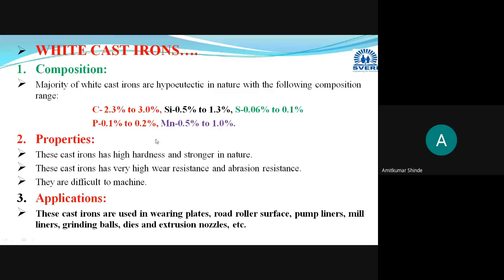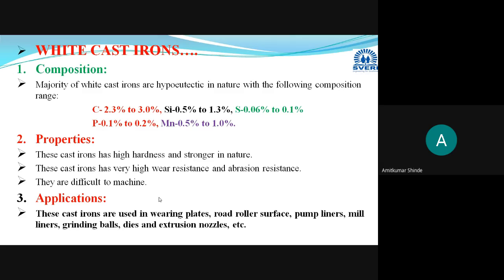Then their properties. In white cast iron, the main phase present is cementite. These are having higher hardness, and are stronger in nature, and their wear resistance and abrasion resistance is very high.